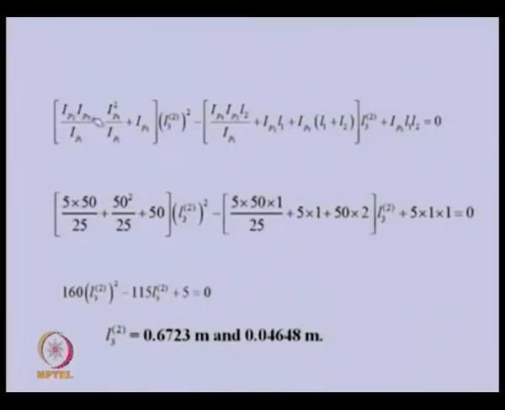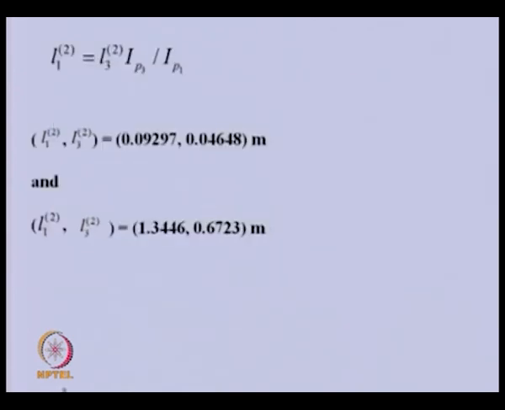For this particular problem, we have seen that we get a polynomial using the indirect method like this. If we substitute the various values of the polar moment of inertia in this expression, this polynomial will reduce to this expression, and from here we will get two roots, because this is a quadratic in L3 subscript 2.